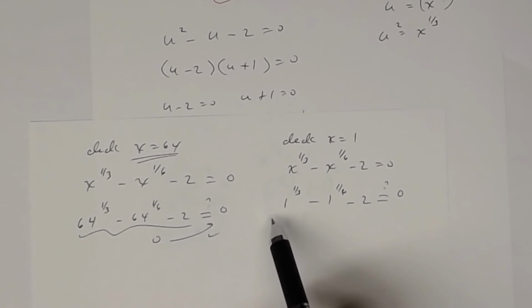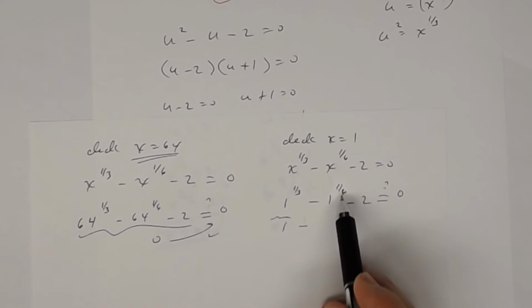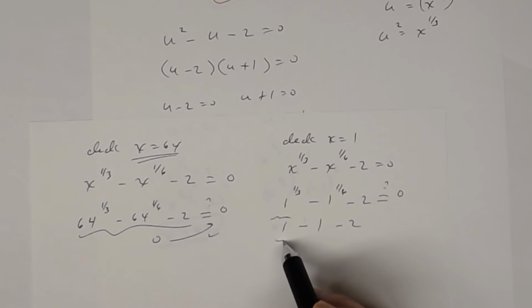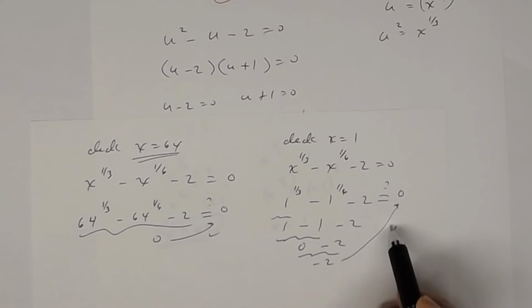Now, I don't need a calculator here, right? Because the base is 1. 1 raised to any power is 1. So 1 to the 1/3 is 1, minus 1 to the 1/6 is 1, and then minus 2. Well, look at this. Be careful. 1 minus 1 is 0, right? And then 0 minus 2 is a negative 2, and a negative 2 does not equal 0.